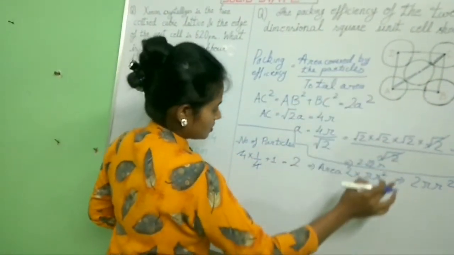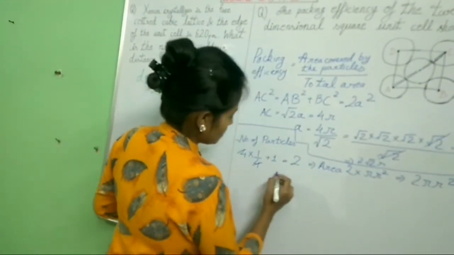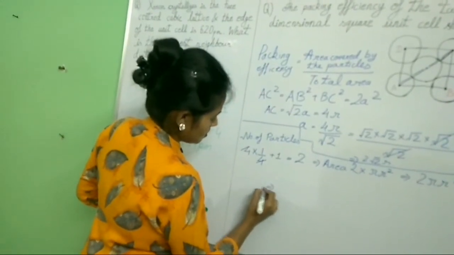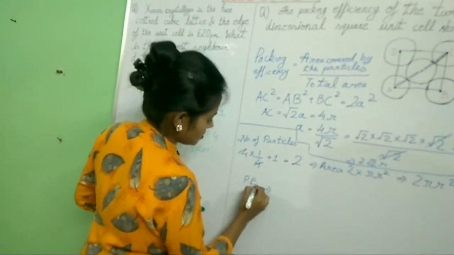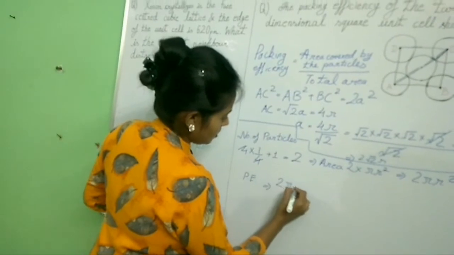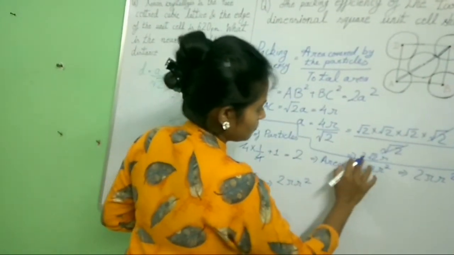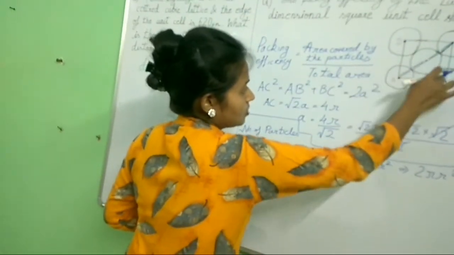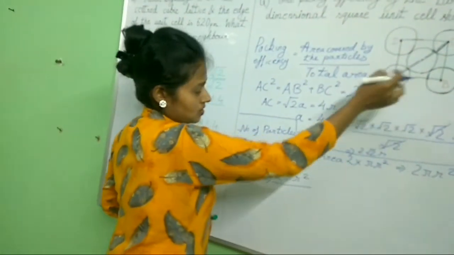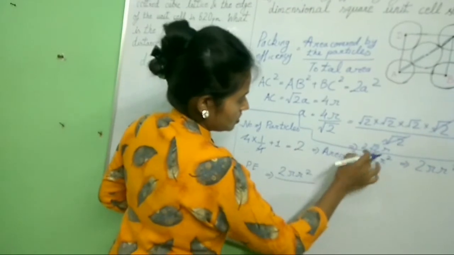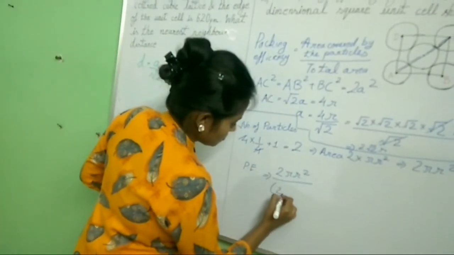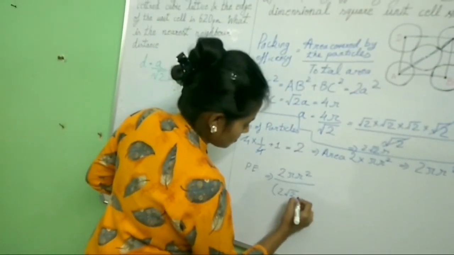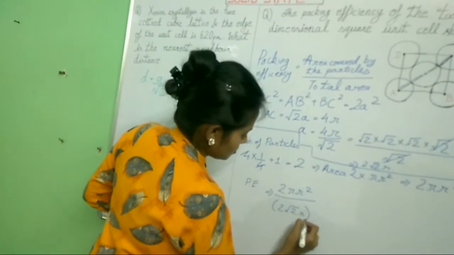Now, let us come to the formula. Area covered by the particles, we have found out, is 2 pi r square. Packing efficiency is 2 pi r square divided by the area of the square. What is the edge length? We have found out 2 root 2 r. So how to find out the area of the square? That is side square, a square. So what is a? 2 root 2 r, squared.